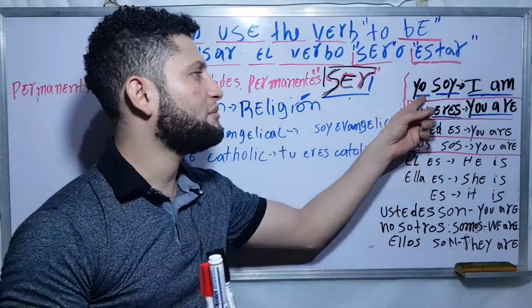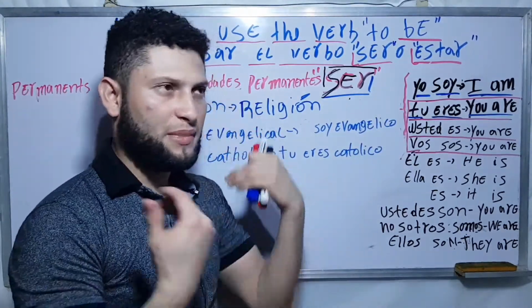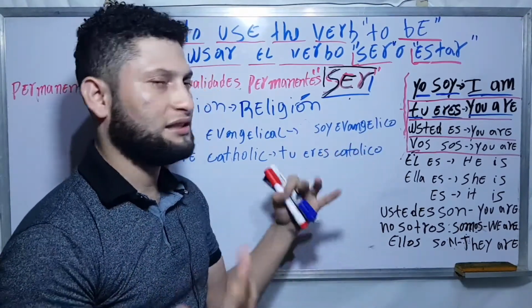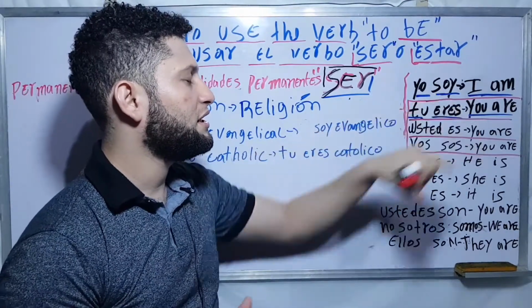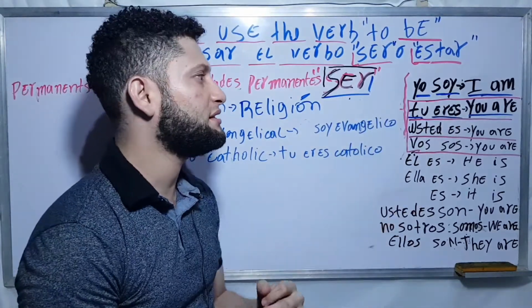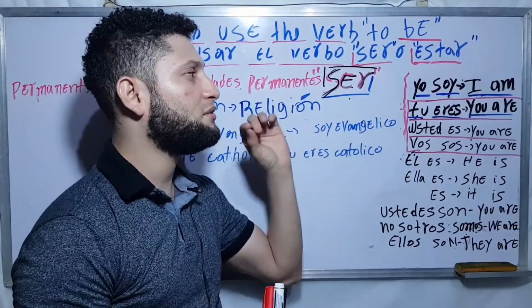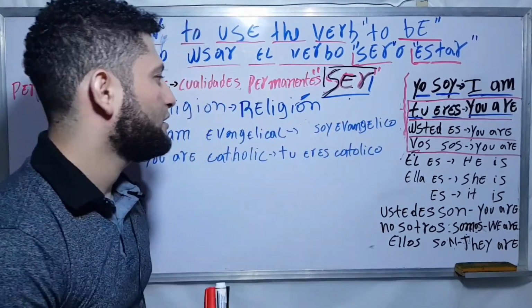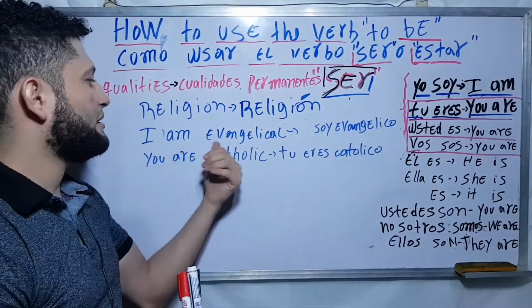I omit this one because everybody is able to understand that it's me, that person that is evangelical in this case. So soy evangélico, because it's the only conjugation for the first person in singular in present tense for the verb ser. Remember, we are still working on the verb ser, okay? So soy evangélico, I am evangelical.